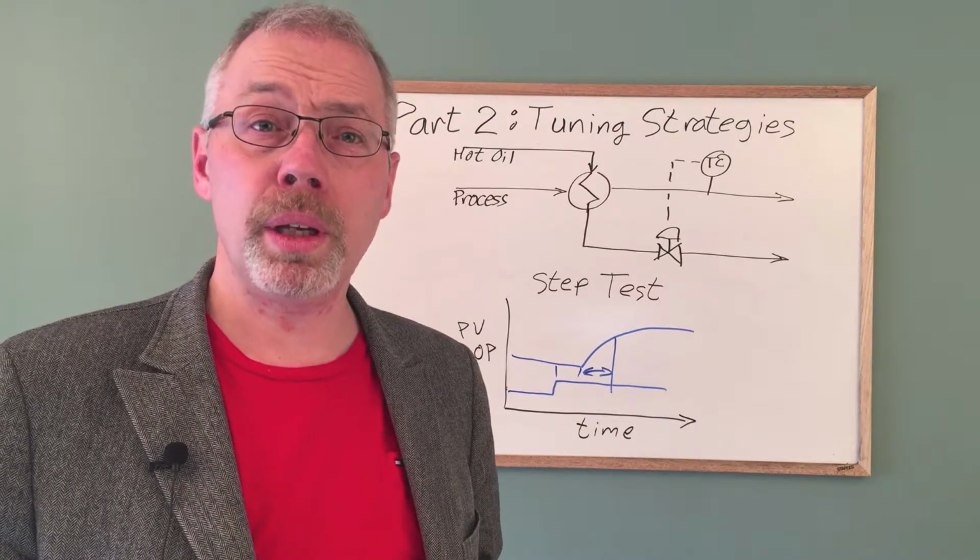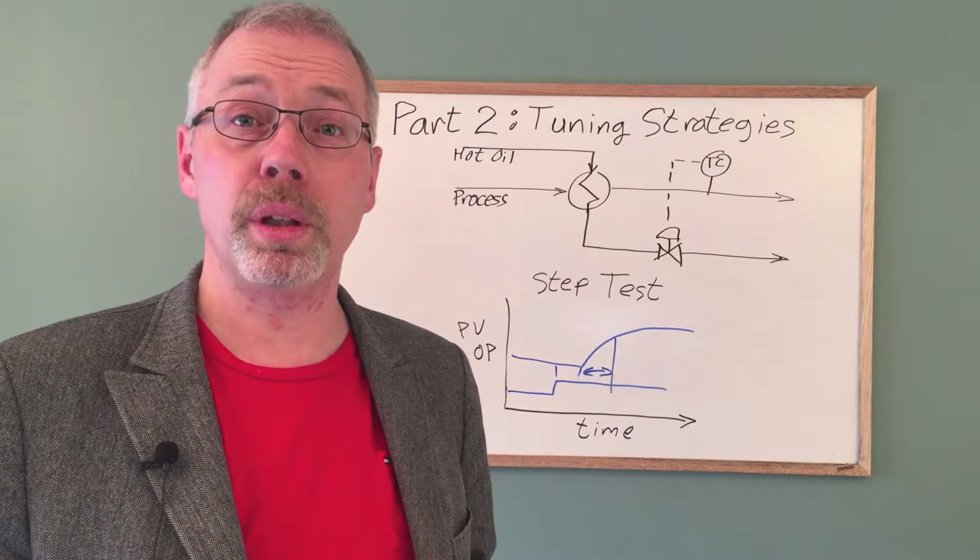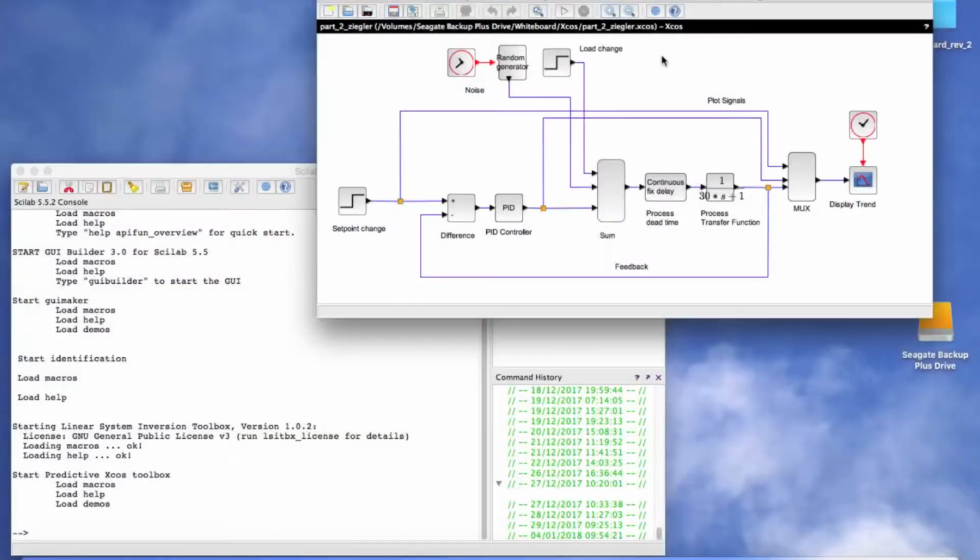Let's look at a simulation example where our temperature controller is tuned using the Ziegler-Nichols recipe. Here's a block diagram simulation of our temperature control example implemented in Scilab. The process is modeled as a first-order transfer function and a constant dead time.